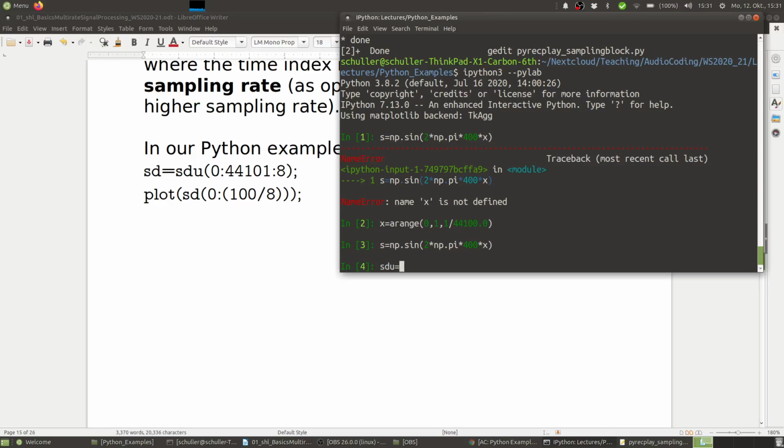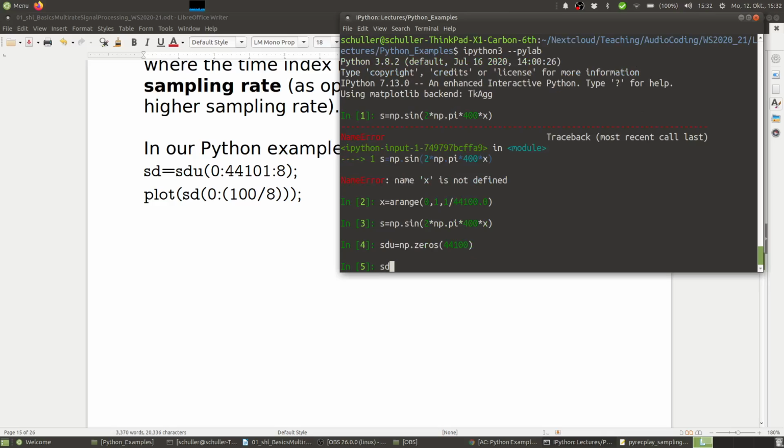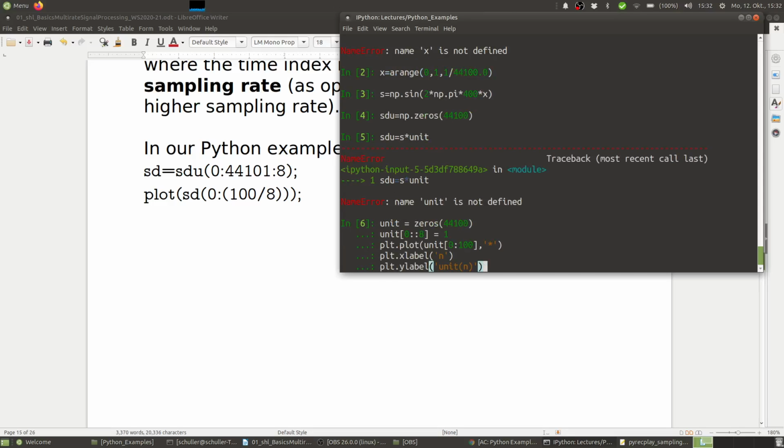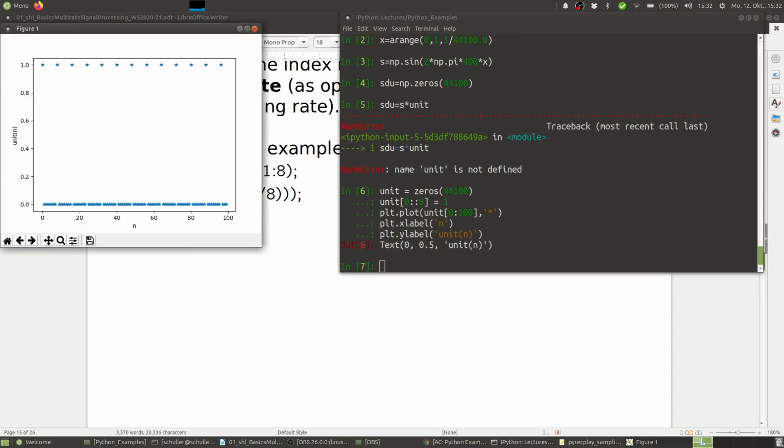Then SD equals up arrow, not working. SDU equals, so here we have the initialization with zeros. And there we need the unit pulse train.